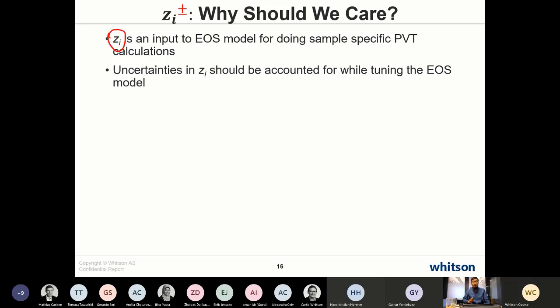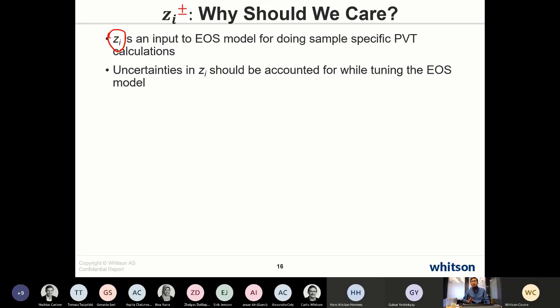We should account for all those uncertainties while tuning the EOS model. Generally that's not done, because when we tune the EOS model, we generally consider that the compositions are very accurate.